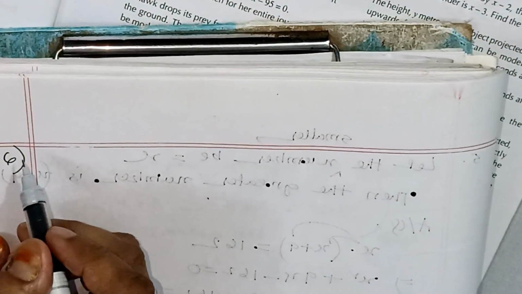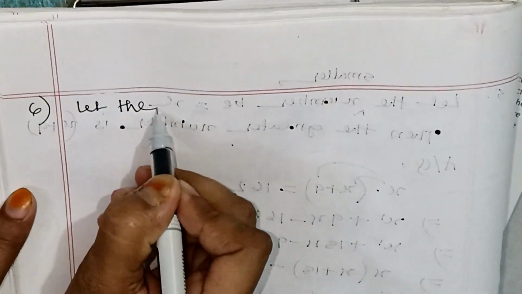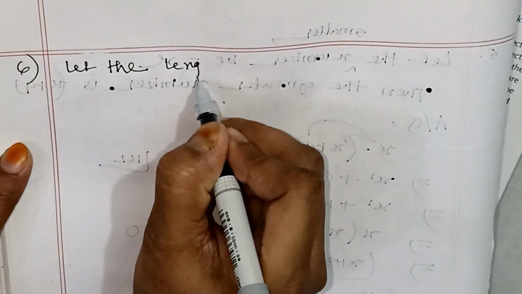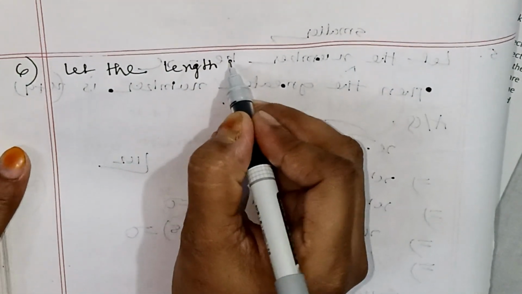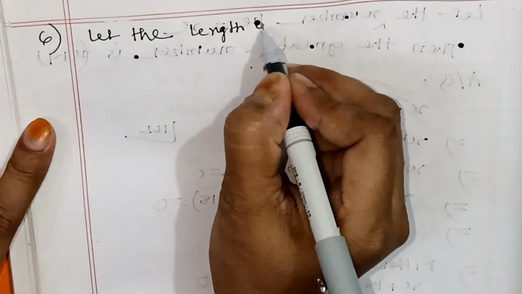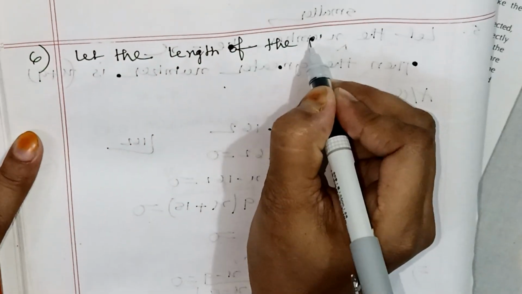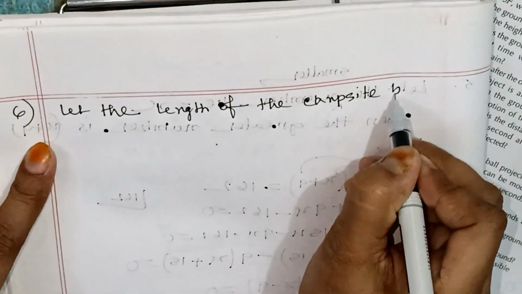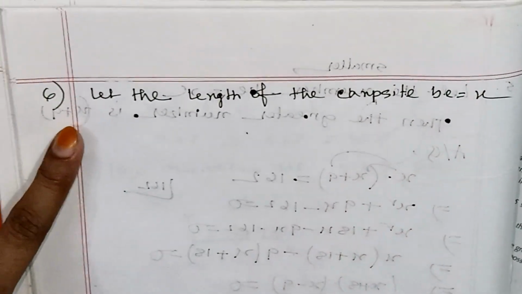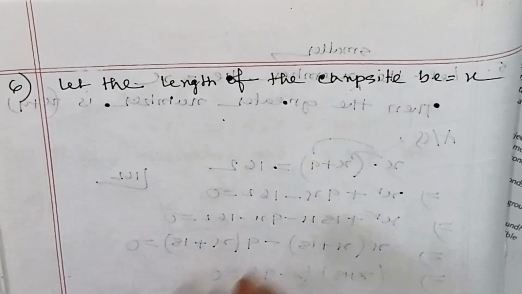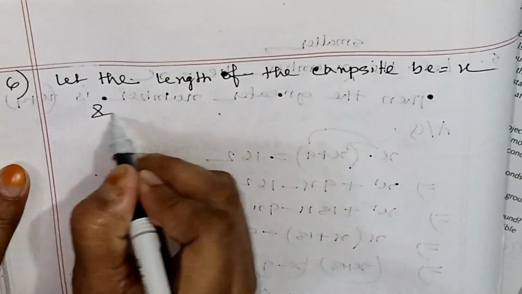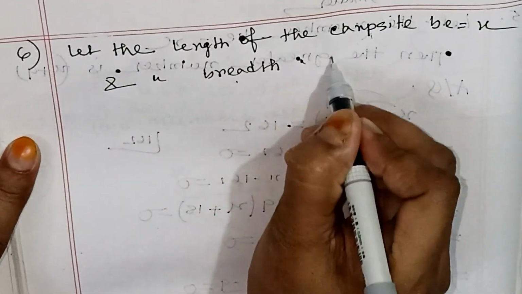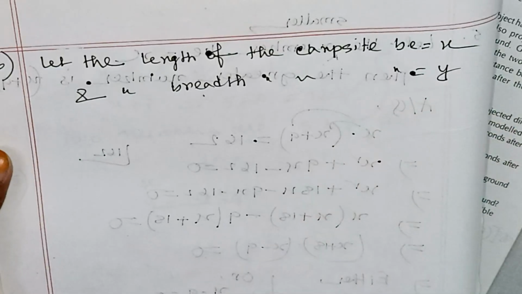Number 6. Let the length of the campsite be x and the breadth of the campsite be y.